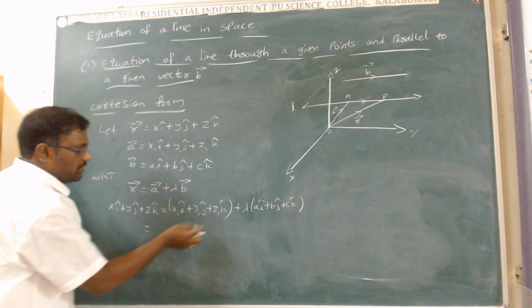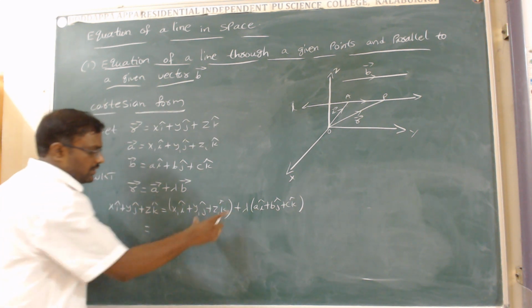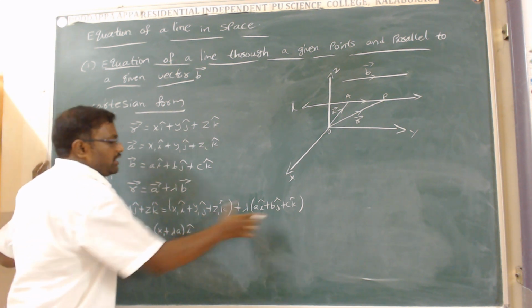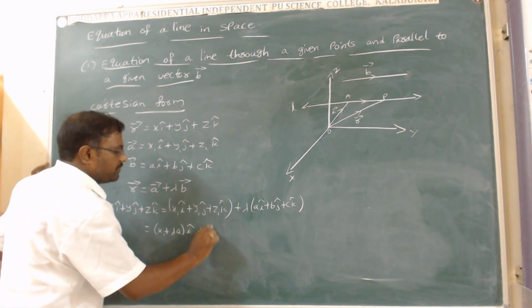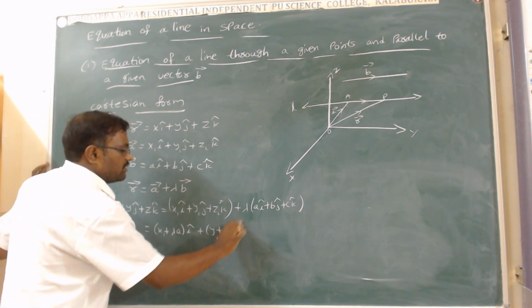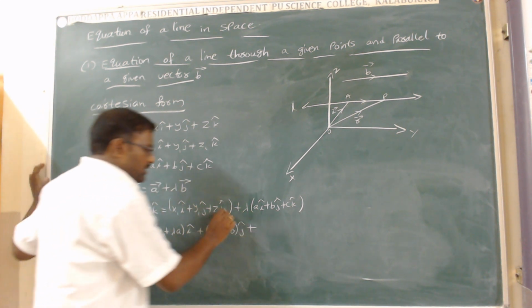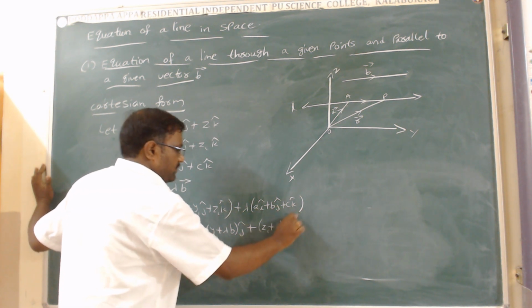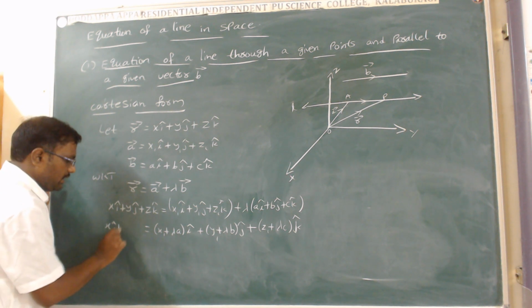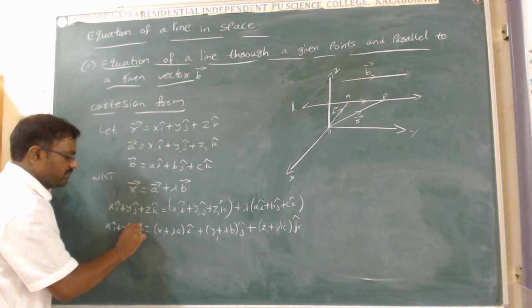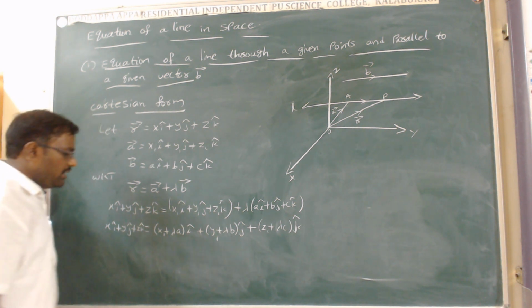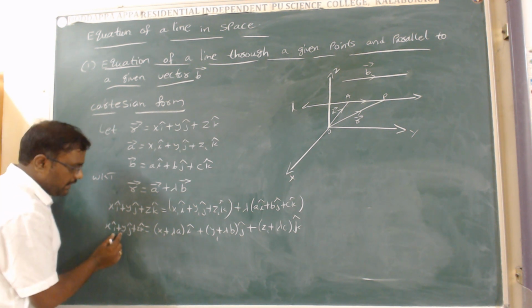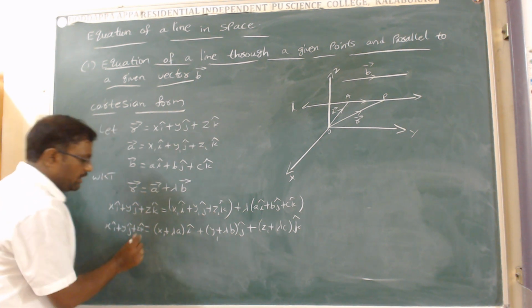Now take the i term one side: it becomes x1 plus lambda a. Similarly the j term becomes y1 plus lambda b, and the k term becomes z1 plus lambda c. Now there is an equal symbol, so equate the i term, j term and k term.